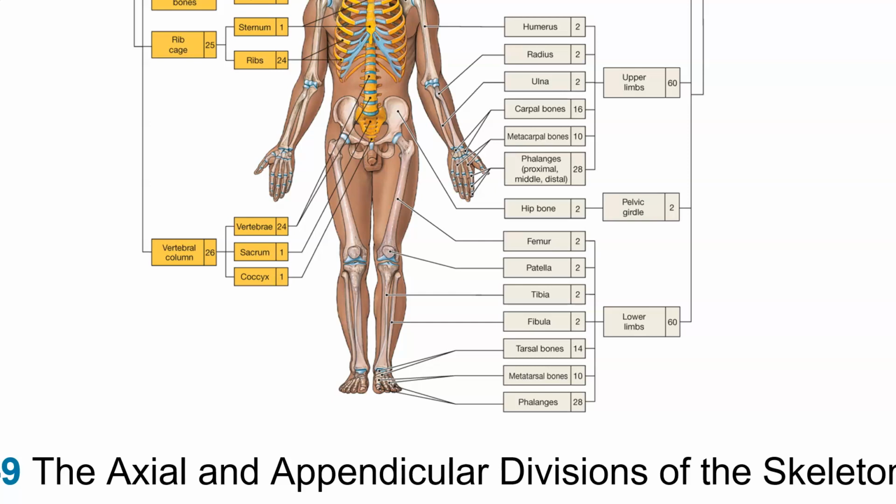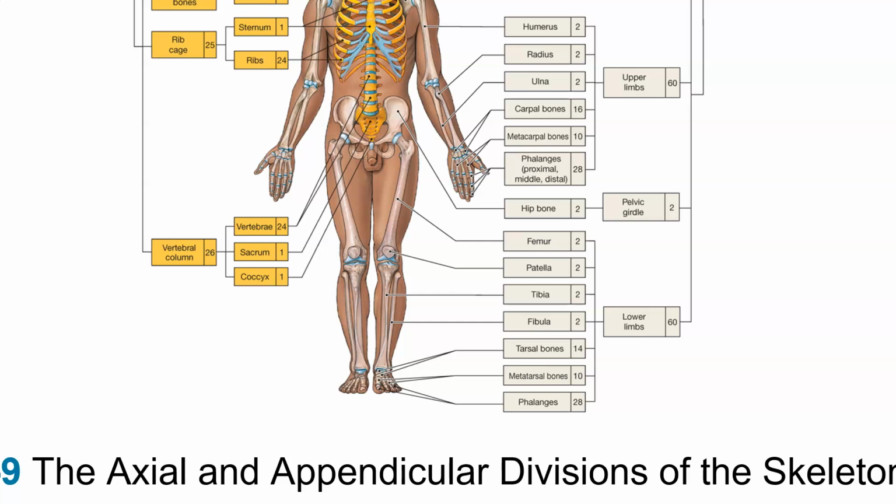The femur is the thigh bone, the patella is the kneecap, and the tibia is the thickest bone in the lower leg, and it connects with the femur. So the tibia is your shin bone, and the fibula is the tiny, skinny, delicate bone on the lateral side of your tibia.